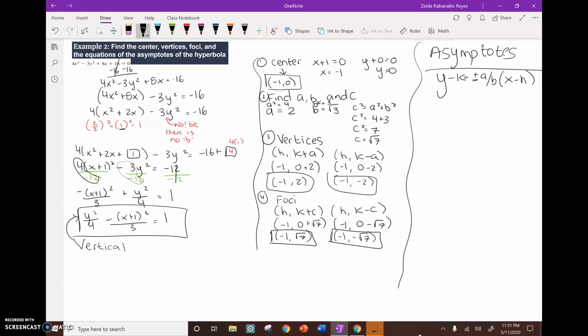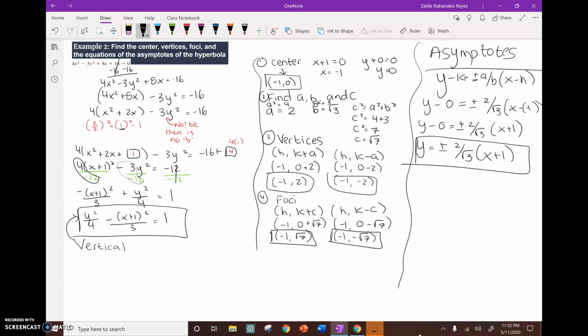So then I have y minus 0 is equal to plus or minus, positive slope, negative slope, 2 over square root of 3, x minus -1. y minus 0 is plus or minus 2 over square root of 3, x plus 1. y is equal to plus or minus 2 over square root of 3, x plus 1.